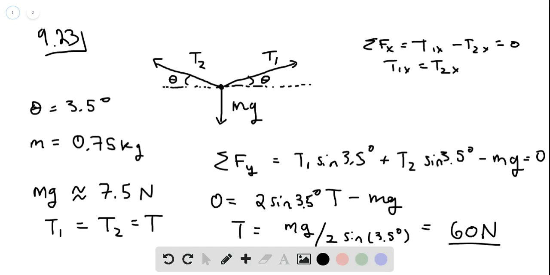So here we have the free body diagram of our situation. I essentially reduced the clothesline to a point mass just so we could talk about the forces it's feeling. So I have the two tensions at theta degrees above the horizontal.